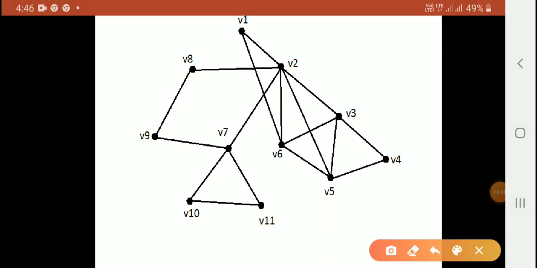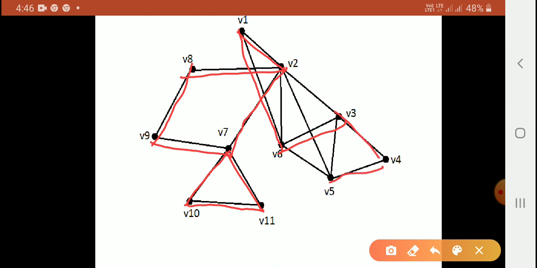So we start with the vertex V2, from V2 to V8, V8 to V9, V9 to V7, V7 to V10, V10 to V11, V11 to V7, V7 to again V2, V2 to V1, V1 to V6, then V6 to V3, V3 to V4 to V5, V5 to V3, V3 to V2, V2 to V6, V6 to V5 and V5 to again V2.